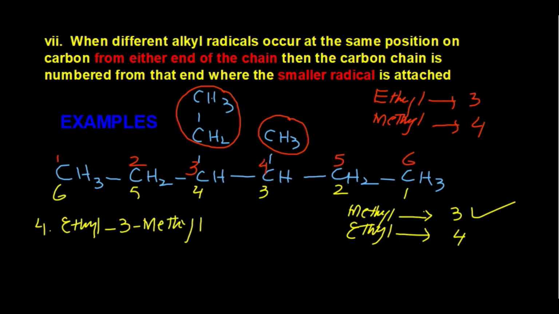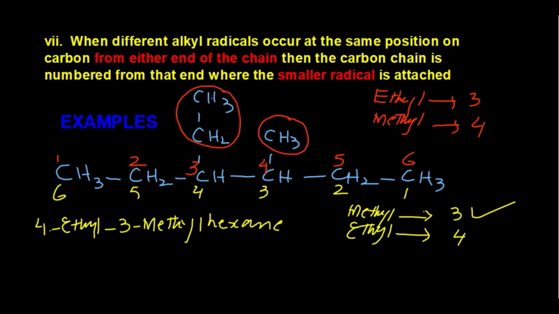And how many carbon atoms are there in the parent chain? 6, hexane, since all the carbon atoms are connected with single covalent bonds. So, the name of the parent chain is hexane, and the IUPAC name of this molecule is 4-ethyl 3-methyl hexane.